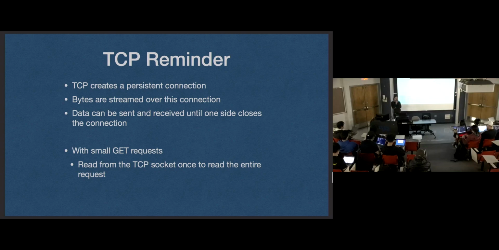All right, reminder of what a TCP connection is, which we just talked about with WebSockets, so this is pretty fresh in our brains. A TCP connection is a connection that allows for streams of data. It's a full duplex connection, so streams of data from client to server and from server to client. With WebSockets, this is abundantly clear because we're sending information back and forth. With HTTP, we create a TCP connection.